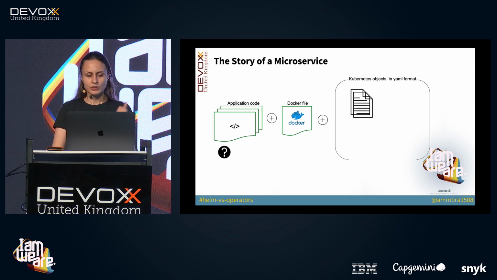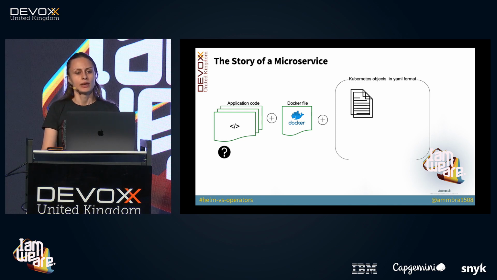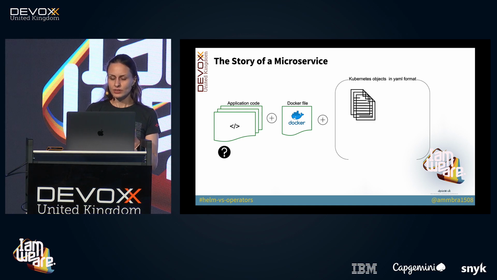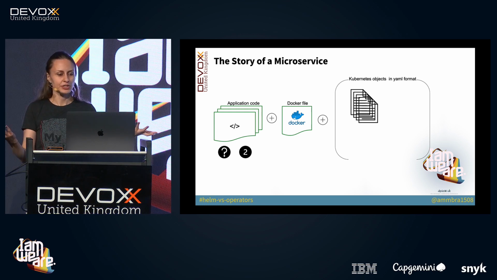And then you start asking questions when you are moving that microservice to another namespace. Because it has to go through multiple namespaces until it reaches production. You have to test it, integrate it, do some integration testing, some load testing, and a lot of other testing to make sure it's resilient. You start noticing that you're adding a lot of YAMLs when you multiply the same action of deploying your application.